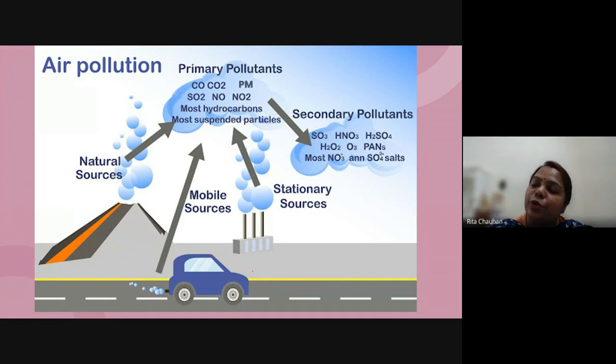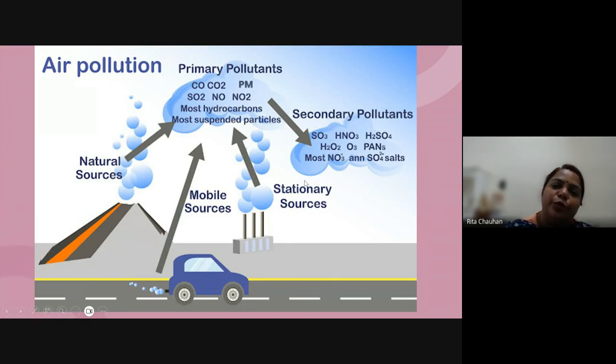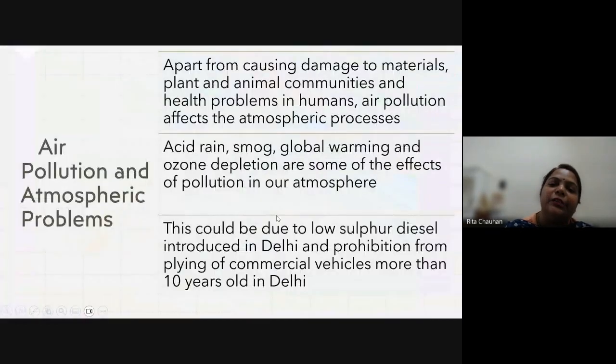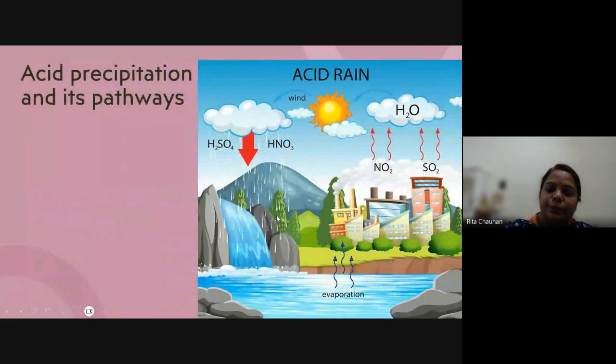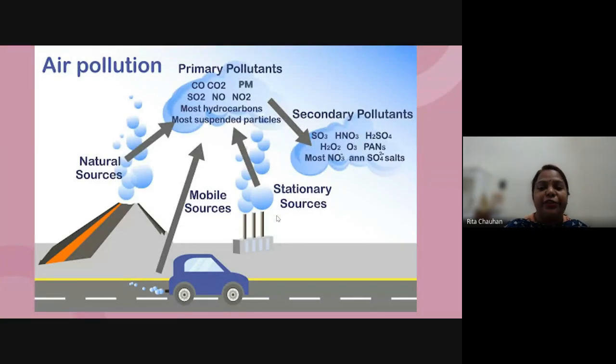So these are natural sources of air pollution. Then next is stationary sources. Stationary sources means those sources of air pollution which are released by factories and industries.